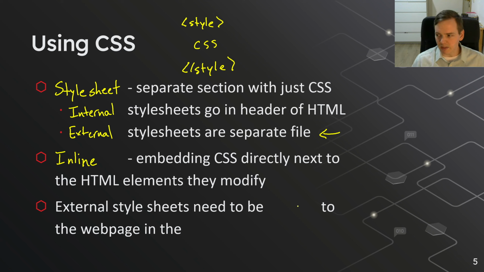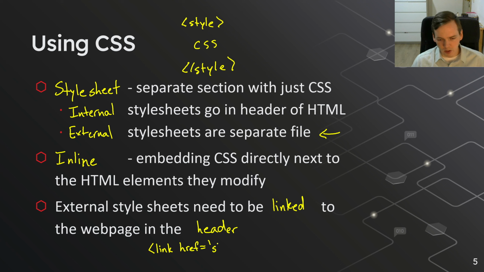If you do have an external style sheet, they need to be linked to the web page in the header. So somewhere in your header, you're going to have something that looks basically like this. So it's going to say link, because we're defining a link, href, because we need to define what we're linking to.